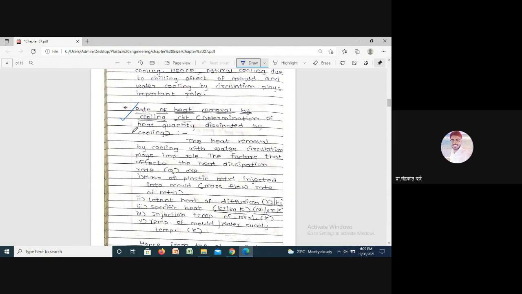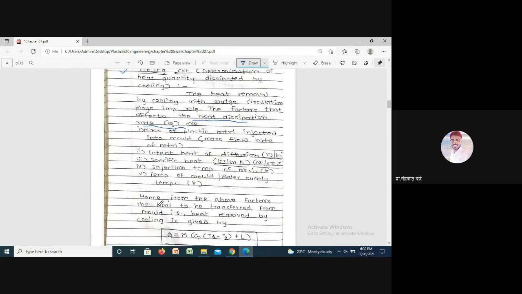In this chapter we are going to calculate the heat dissipation rate, which means Q. While calculating Q, the following parameters are very important and play an important role.